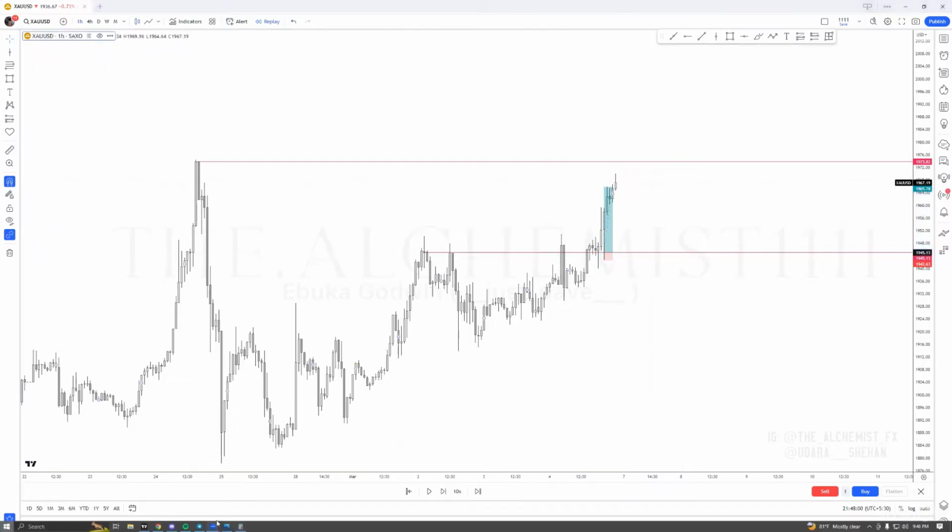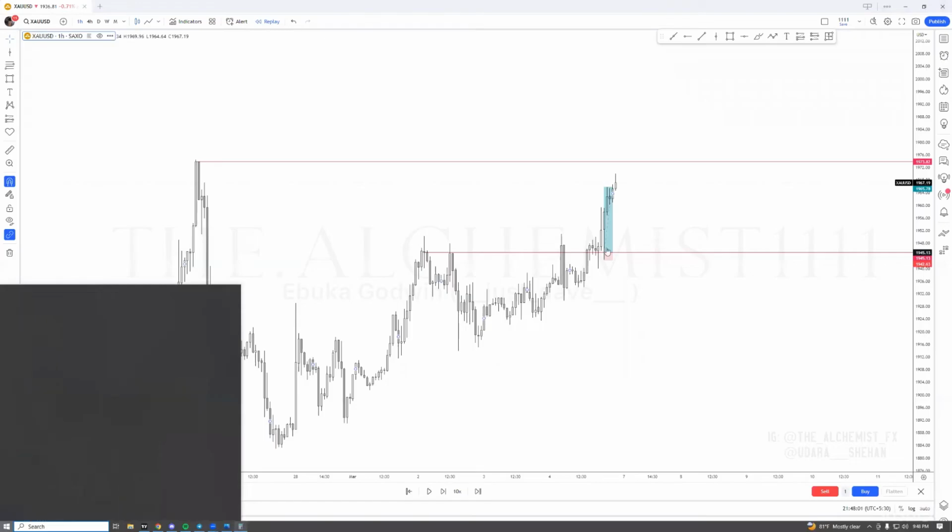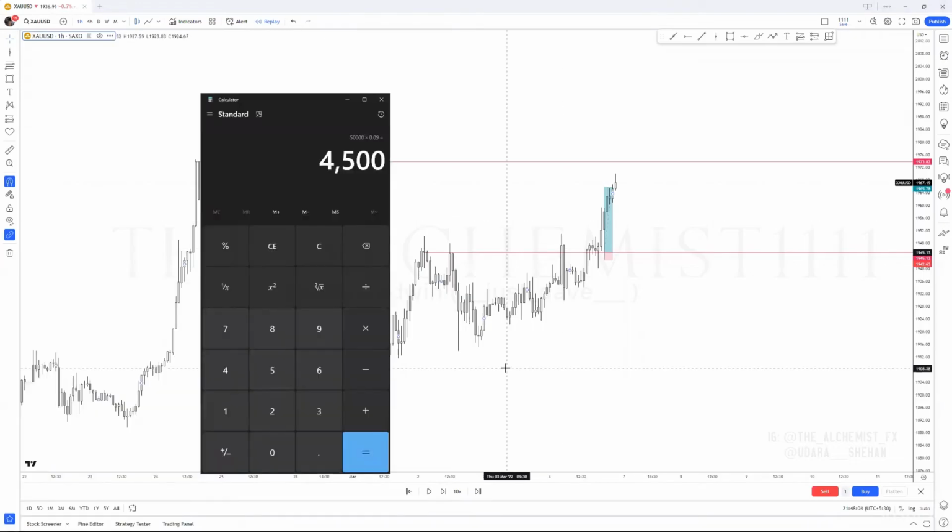Let's do the calculation, because the reason I'm trying to show you this is, even if you have a wrong analysis at the start of the week, you can still make money if you are flexible enough. We had two 5% trades, right?